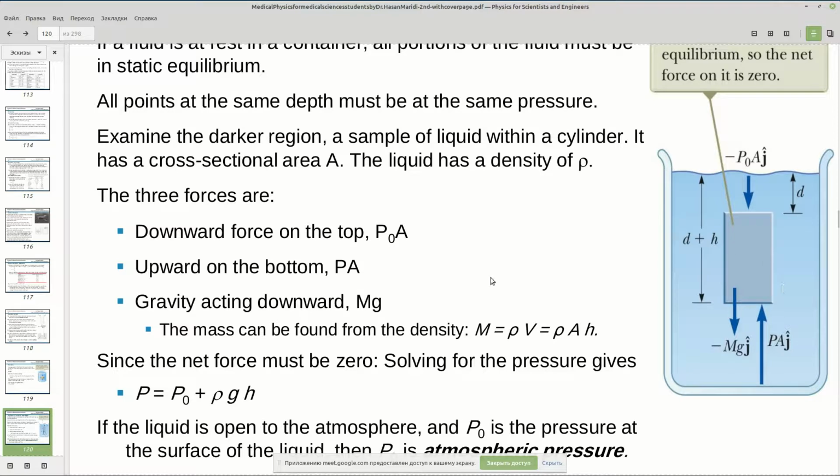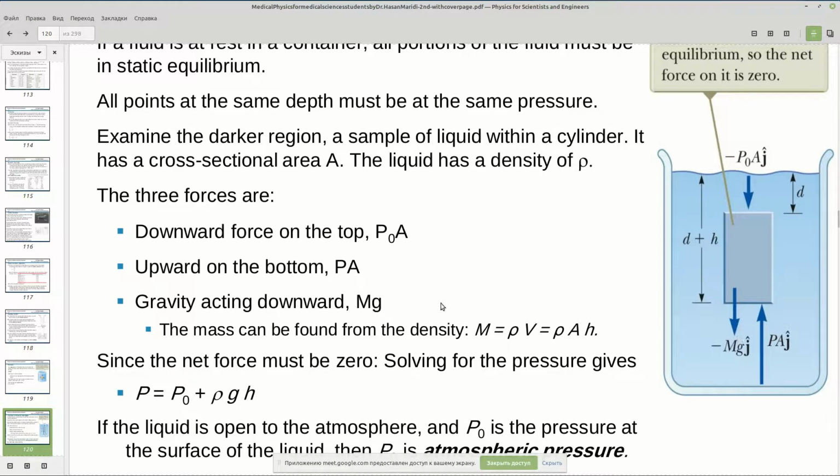The three forces are the downward force on the top, P0 A, the upward force on the bottom, PA, and gravity acting downward, mg.